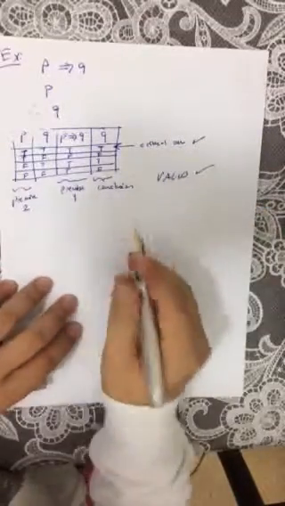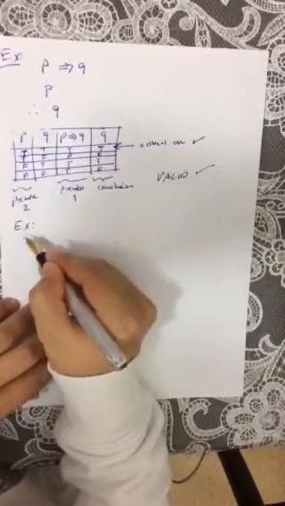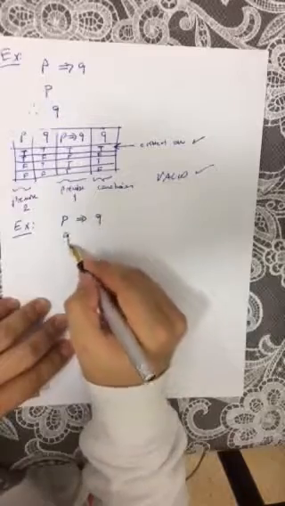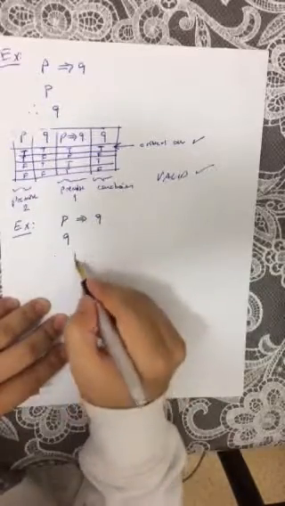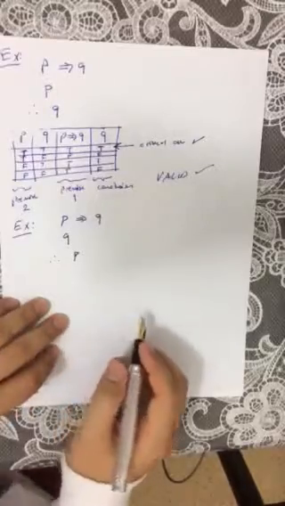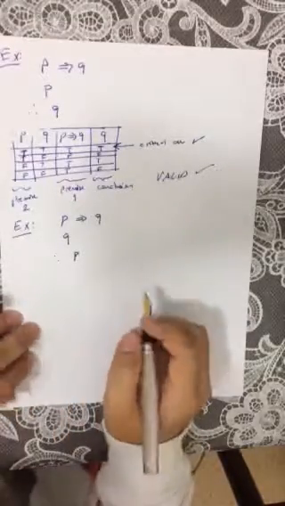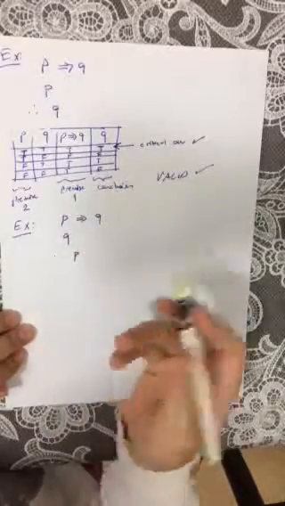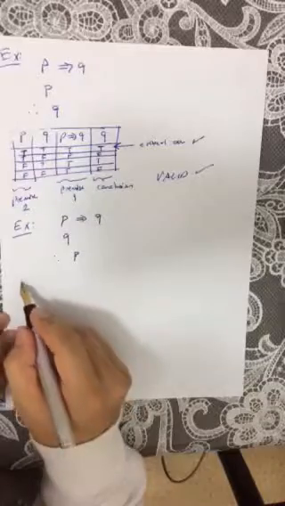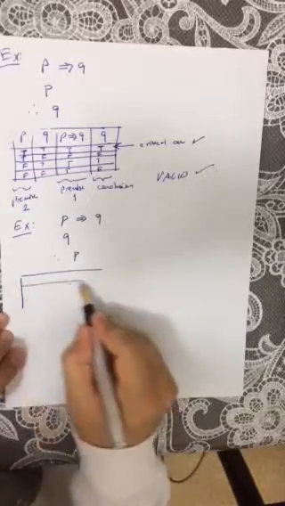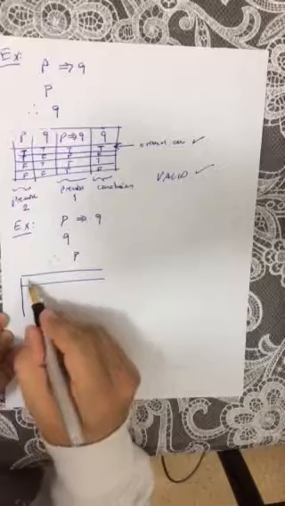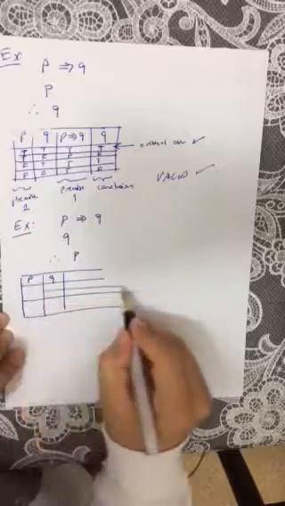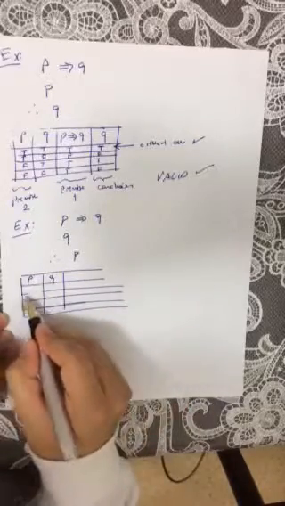All right. So let me discuss another argument. P implies Q is given to you, Q is given to you, and suppose that we have the conclusion P. So we realize that the first two are the premises and this is the conclusion. Let us now construct a table again. So this is P, this is Q. There are 4 cases.